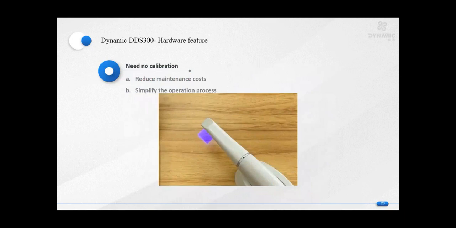So the DDS300's design concept of a user experience without calibration is very advanced. In the future, other intraoral scanner manufacturers will also release products that do not require calibration, and this design will become a major trend.